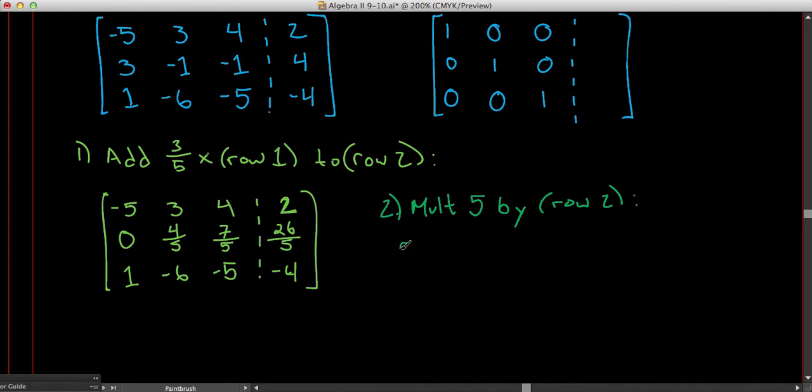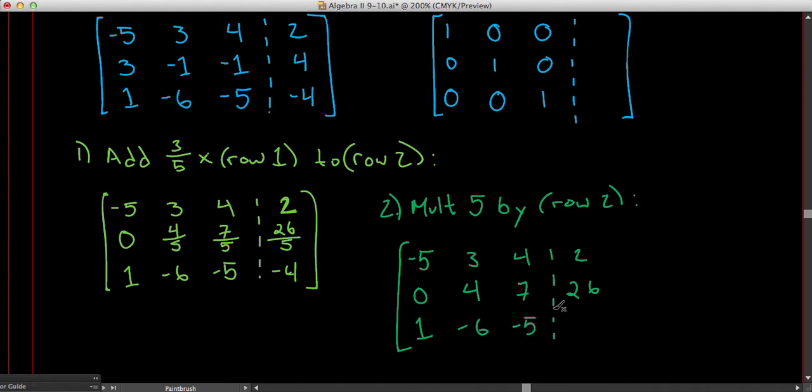Okay, and then I'm left with the same in the top, -5, 3, 4, 2. And then I'm left with 0, 4, 7, and 26. And then 1, -6, -5, -4. Okay, so now it's a bit cleaner.